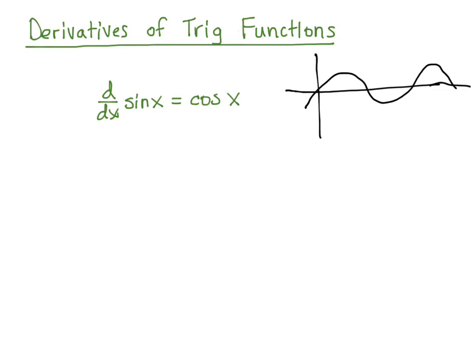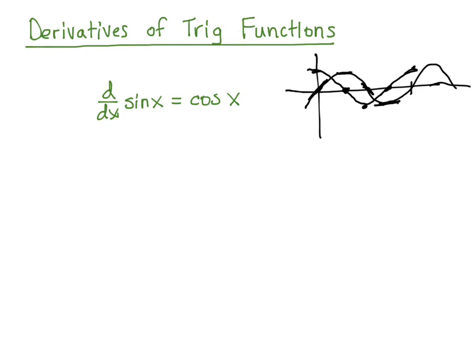And at least to make it seem plausible, you can see the derivative when x equals 0 looks like it's 1, and the derivative when x equals pi over 2 is 0, and then the derivative when x equals pi is negative 1, and then at 3 pi over 2, you have the derivative is 0 again, and then at 2 pi, which is right here, the derivative is back to 1. And so if I make a curve here, you can see that that looks like the cosine.